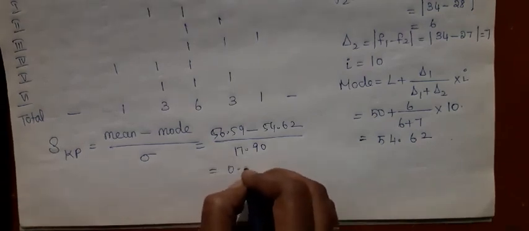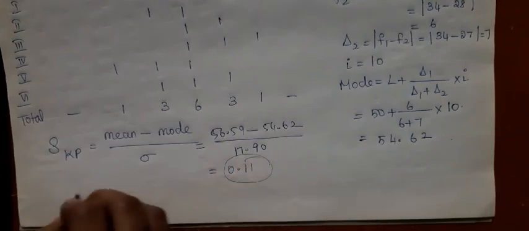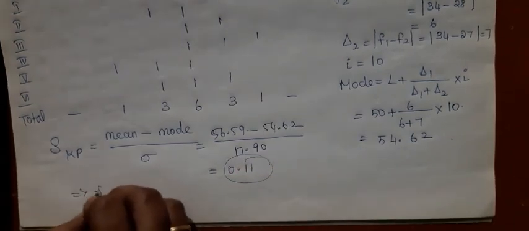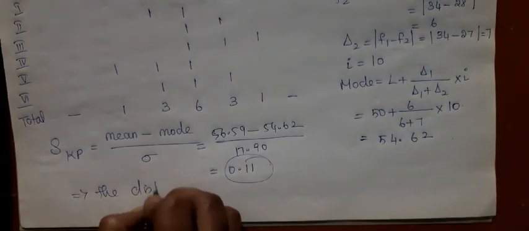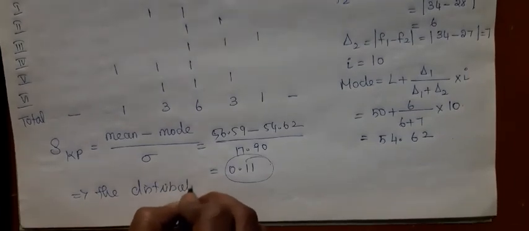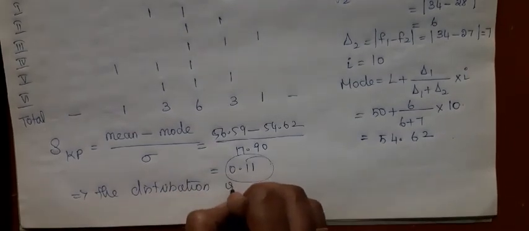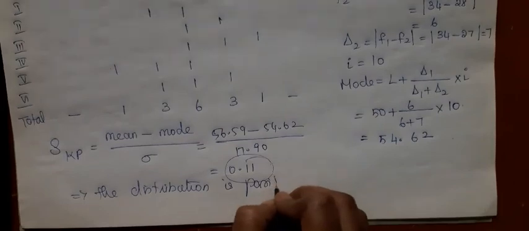You get 0.11, a positive value. So you come to the conclusion that the distribution is positively skewed.